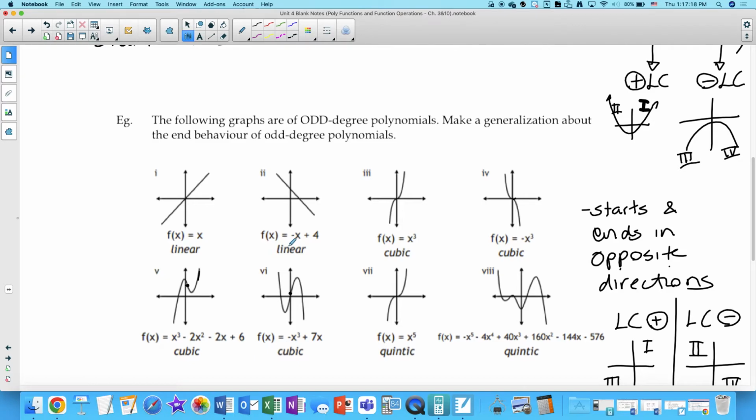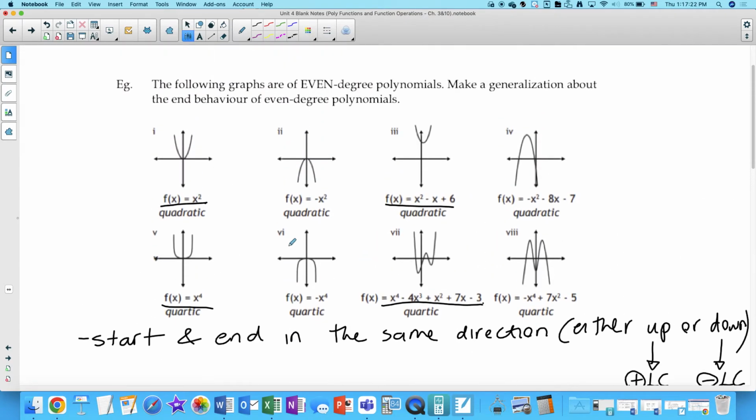Whereas with the even functions, if they start and end in the same direction, if they both start up, there's going to be some minimum value of that function. And similarly, if they both start down, there'll be a maximum value. If you can picture y equals x squared and y equals negative x squared, it gives you an idea of those generalizations that you can make about even and odd.